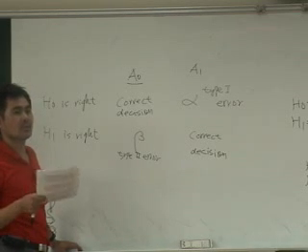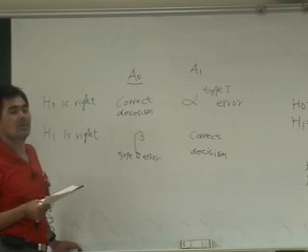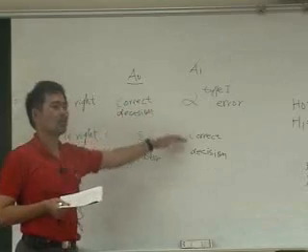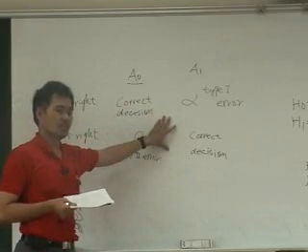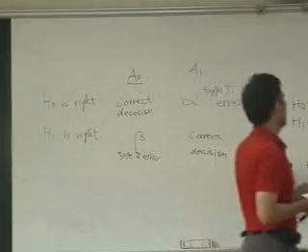And from there, you can calculate what's going on. But first of all, we have to try to figure out how to put all these words into a diagram. Okay? That is the most important thing here.